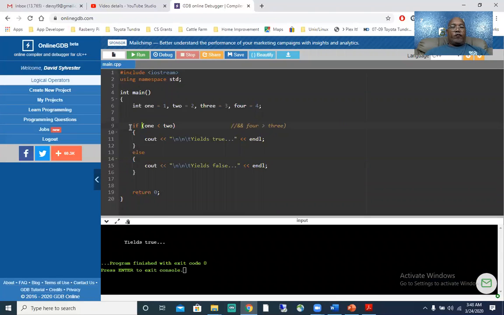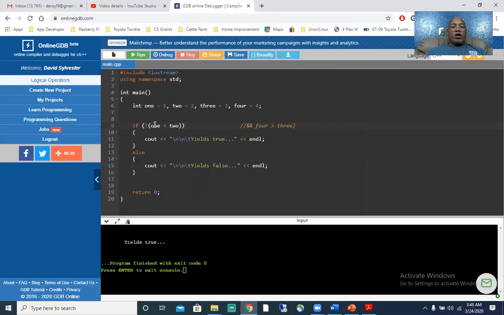But if we do it this way, remember everything always has to be in parentheses. So we have 1 and 2 in parentheses. Now here we go: not a collective 1 less than 2. That's somewhat like our first example.